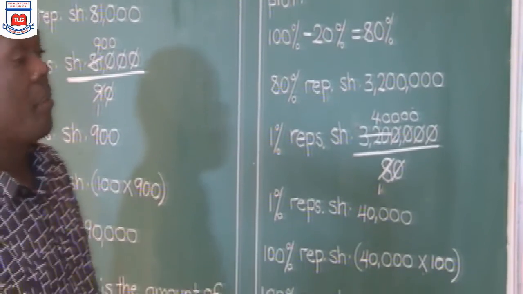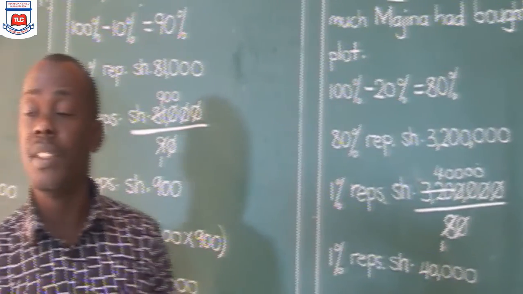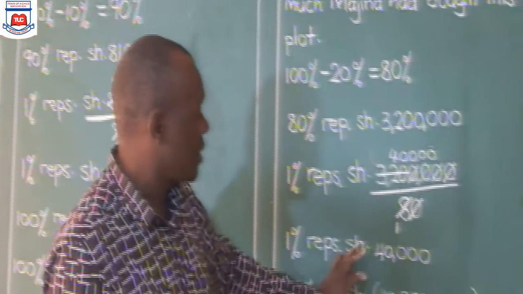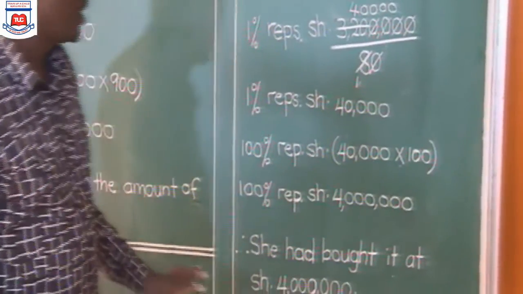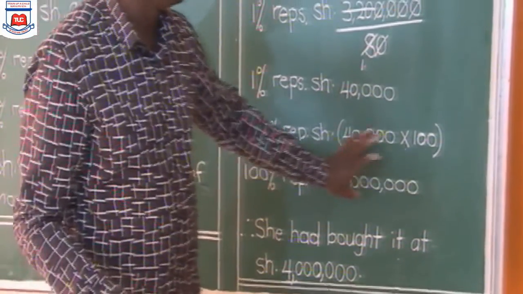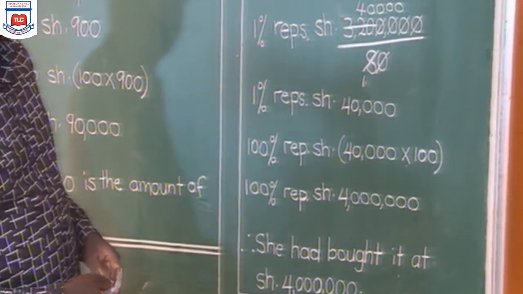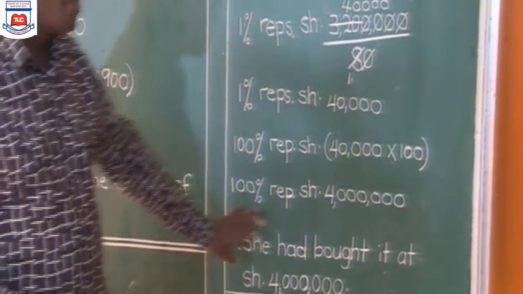Now, find the buying price or the original price. We said original percentage is 100%. So we say 100% represents 40,000 times 100. So 100% represents 4 million shillings. This is a lady called Magina.